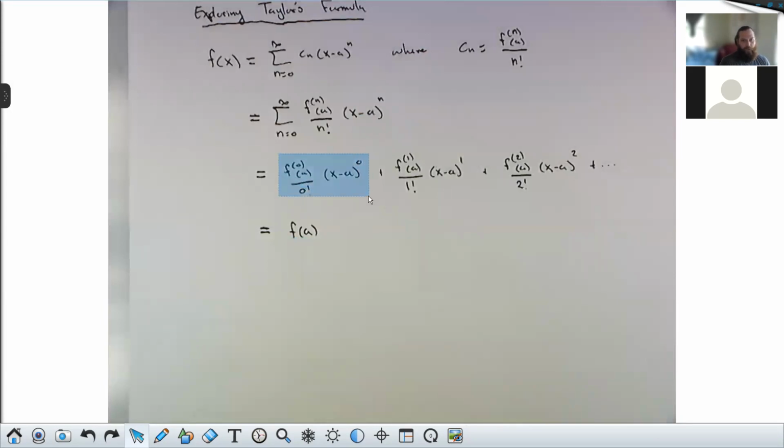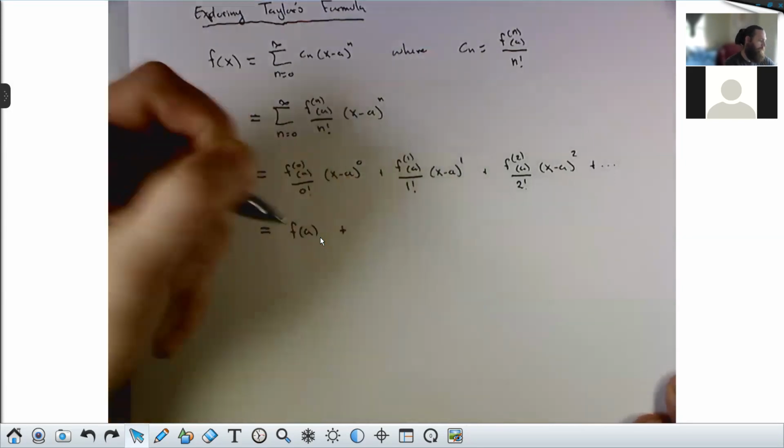So this whole first piece is just f of a. I know it looks scary in this notation, and we need that notation for the higher order terms. But the piece you get when you plug in 0 for n is just f of a.